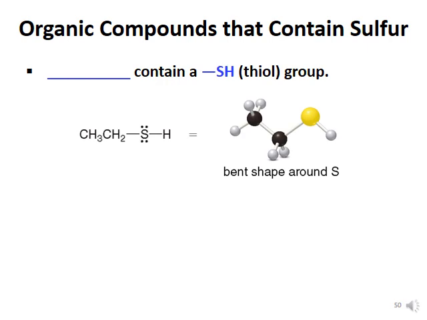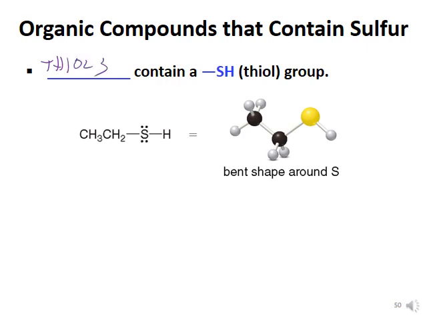All right, just a little bit left having to do with thiols. They're not an especially important functional group as far as commercial products, but they are very important from a biological point of view, so we have to study thiols.